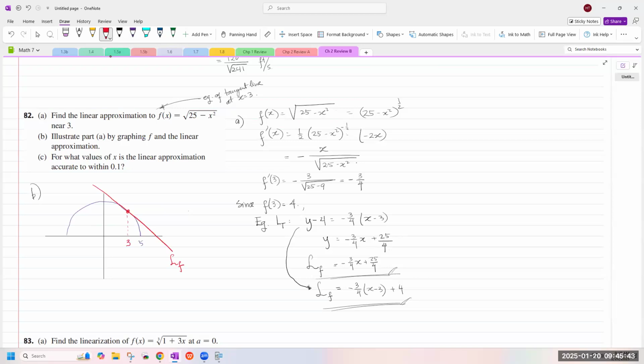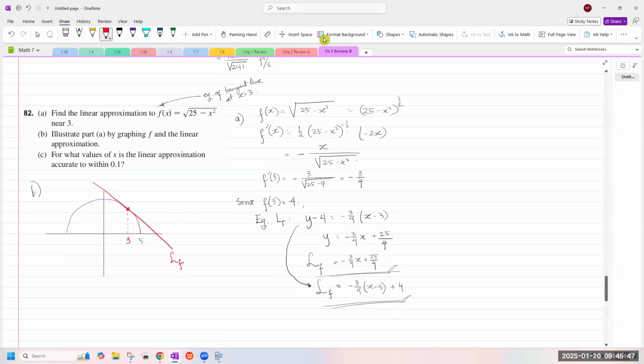Now part C: for what values of x is the linear approximation accurate to 0.1? If we want the accuracy of 0.1, then what is the interval such that the error between the tangent line and the curve is less than 0.1?